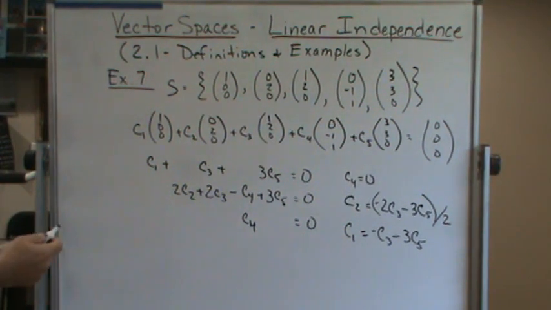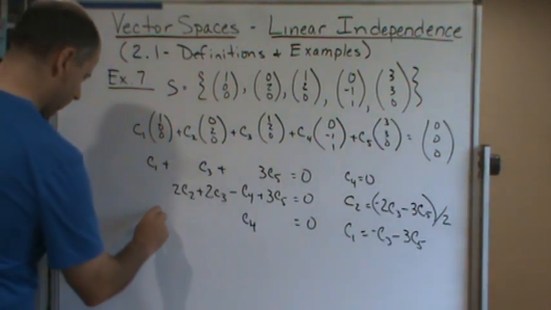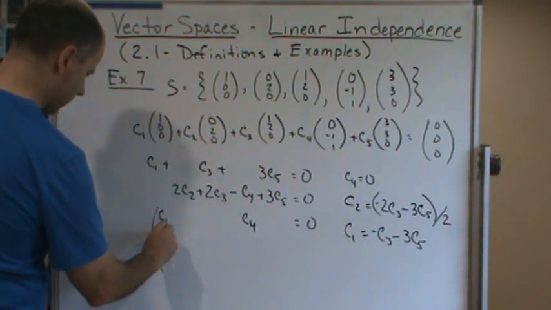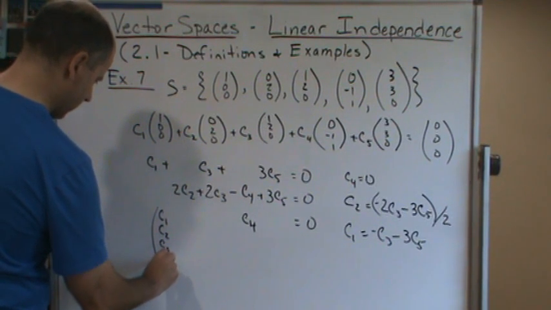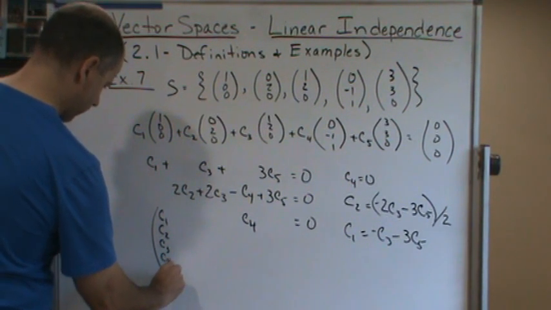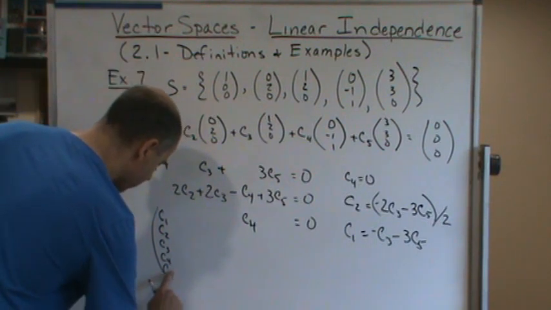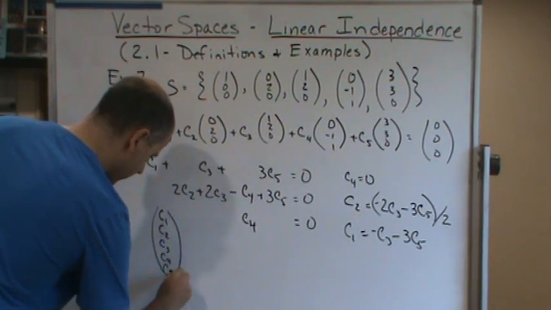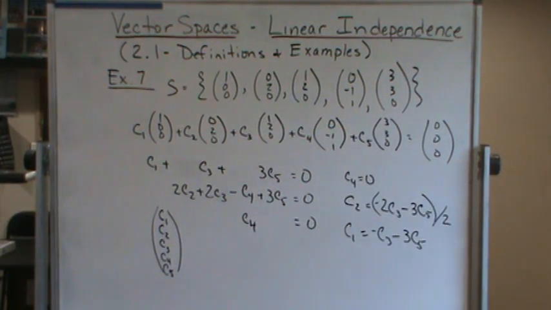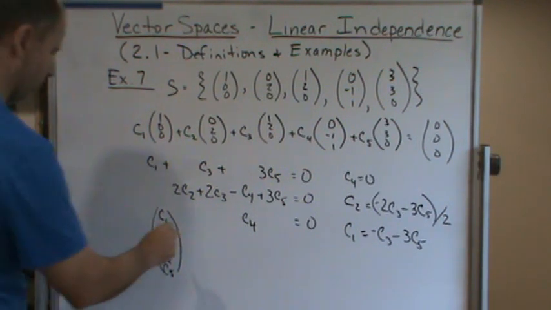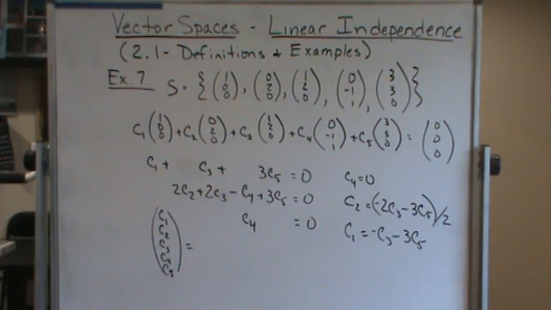Which then gives us this. So now we've got C1, C2, C3, C4, C5, and this is all going to be in terms of C3 and C5.